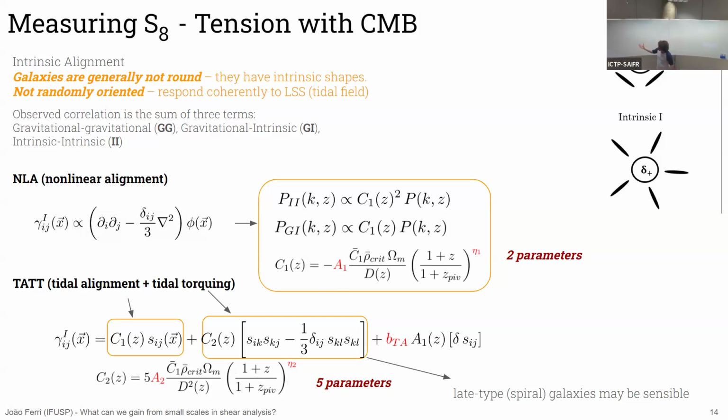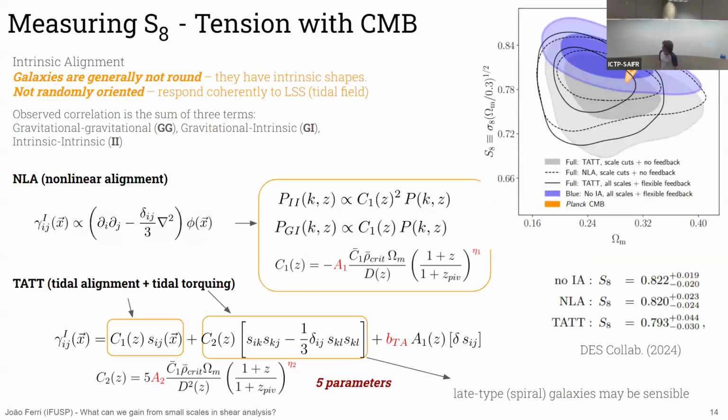So these are the two main models for intrinsic alignment. And the thing that basically the DES people did earlier last year was to get rid of late galaxies, so spiral galaxies, which are thought to be sensitive to this second part of the TATT modeling.